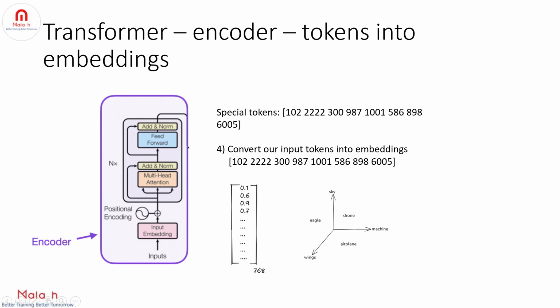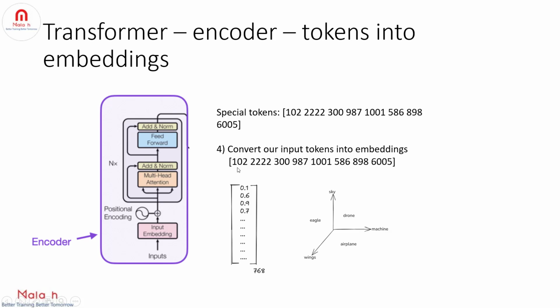Since we are using BERT as an encoder model here to explain this architecture, and each model will generate fixed dimensional embeddings for each token, in case of BERT, it generates 768 dimensional embeddings for each token.